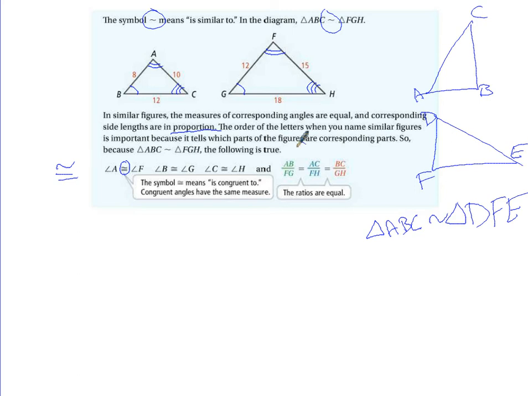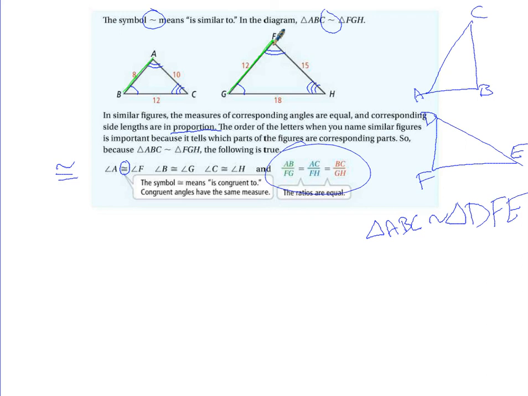The other thing that's important here is that guy right there. Those are three proportions, and actually there's a lot of proportions that you can write from similar triangles. These are the ones we need to talk about here. We have AB over FG, and that's in green. So I'm going to put a green line here, AB over FG. Those are corresponding sides.